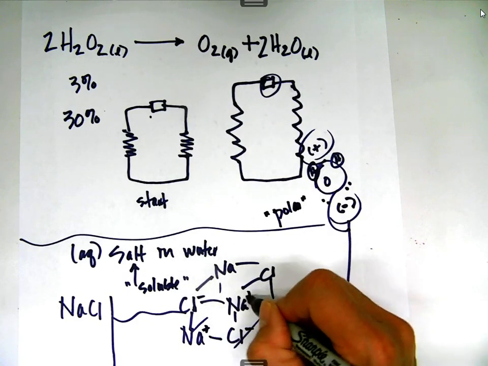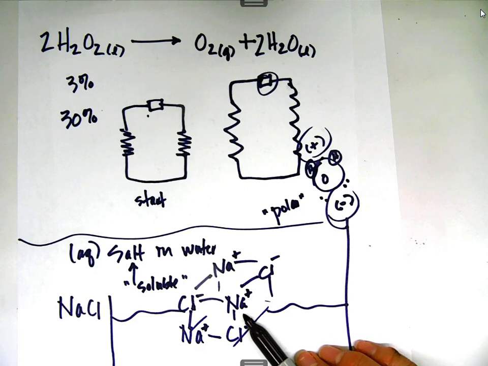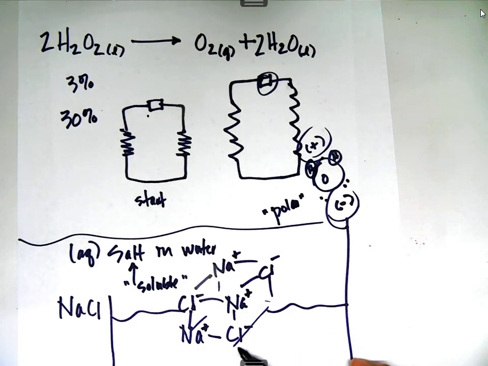And when sodium and chlorine make a crystal, remember that it's an electron transfer situation. The sodium gives up an electron. Metals only have 1 or 2 or 3 valence electrons. The non-metal takes that electron, and that creates a situation where the sodium is positively charged because it's lost some of its negative charges. The chlorine is negatively charged because it's gained them.